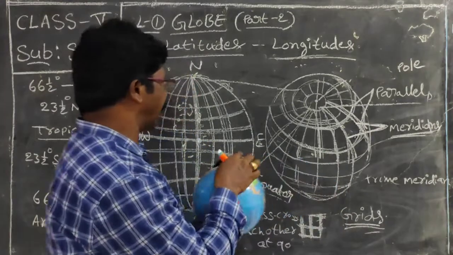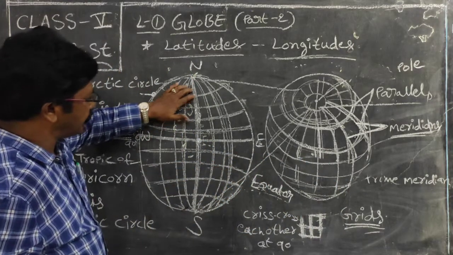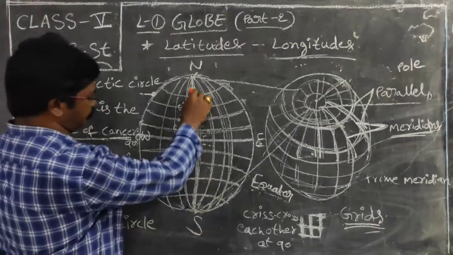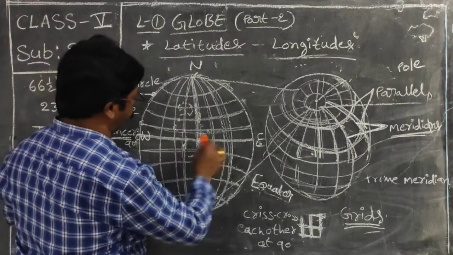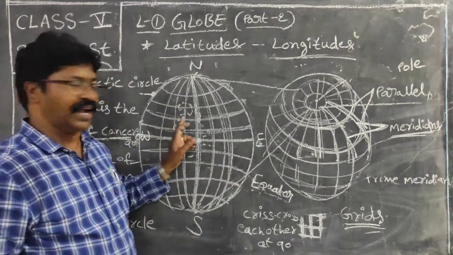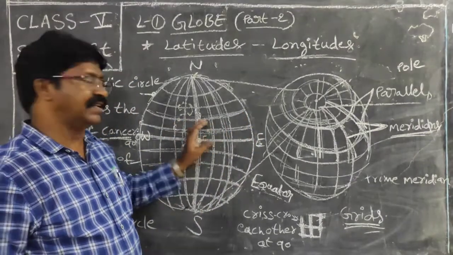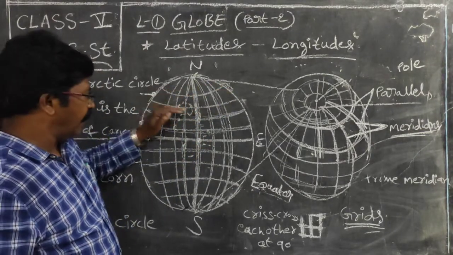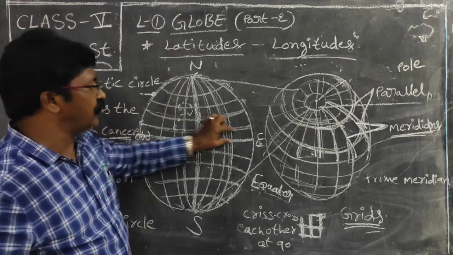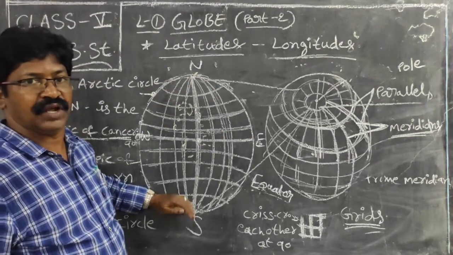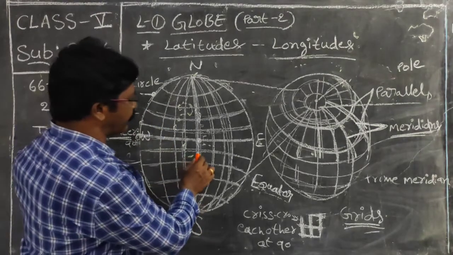So once again, there are two imaginary lines. Latitudes are circles, parallels, horizontal lines. Longitudes are vertical lines. The main line is called the prime meridian.